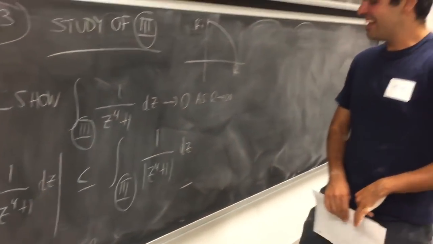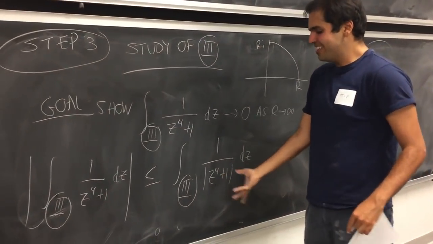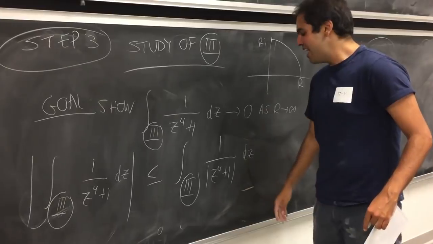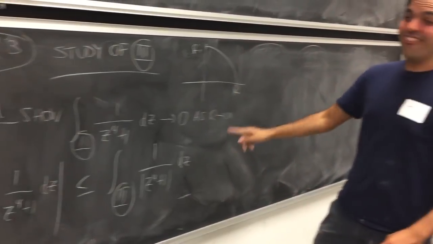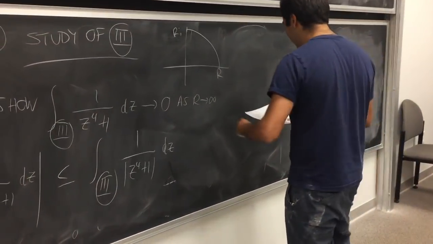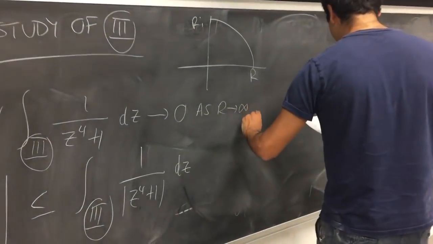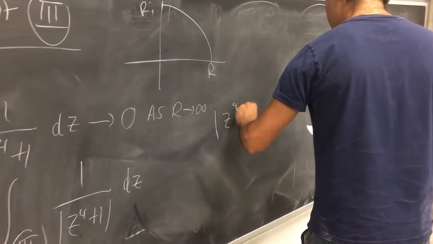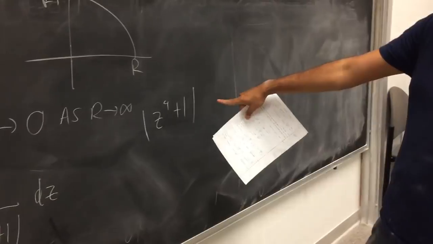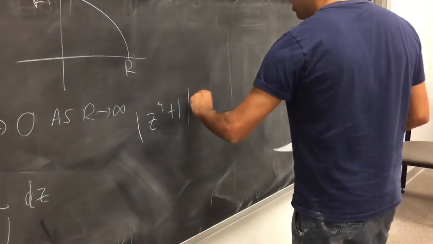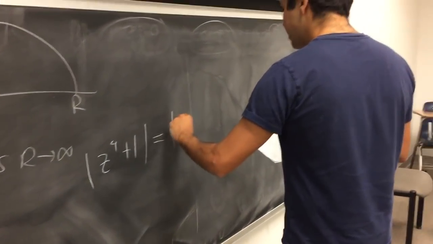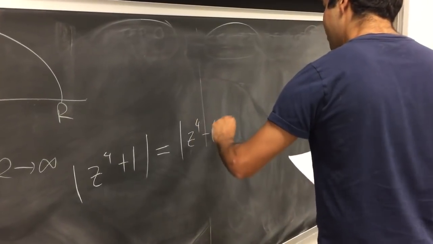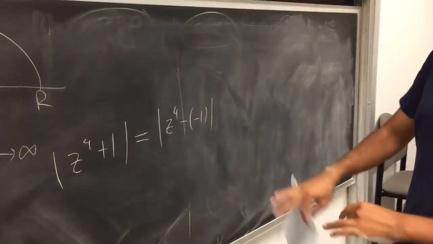And don't make the mistake I made. I thought, well, this is a positive quantity, so we can remove the absolute values. But careful, it's complex, so we can't do that. However, there is this nice thing. The absolute value of z to the 4th plus 1. And here's the intuition.